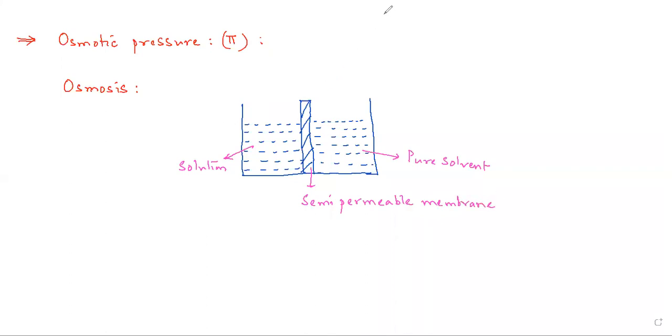You know, a semi-permeable membrane is the one that allows only the solvent molecules to flow through it, but not the solute. Okay, only the solvent molecules can flow through the semi-permeable membrane.